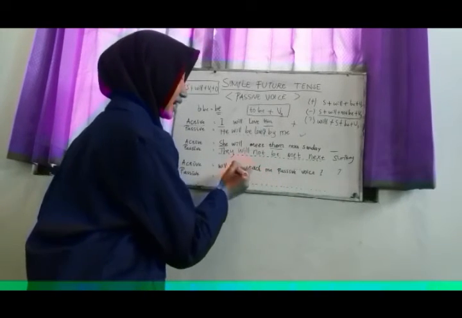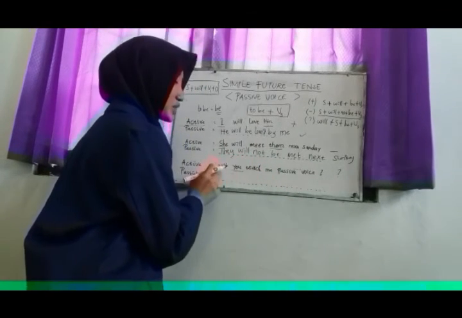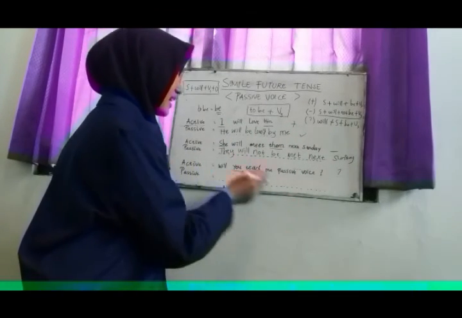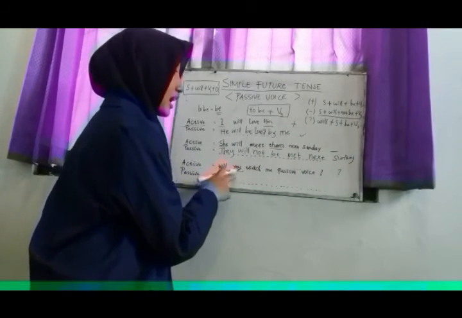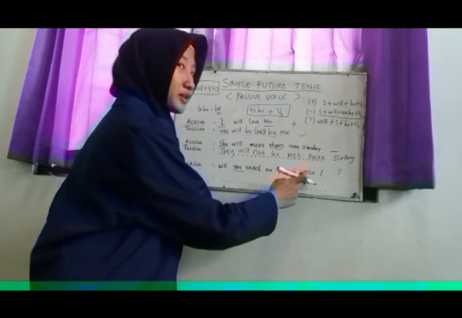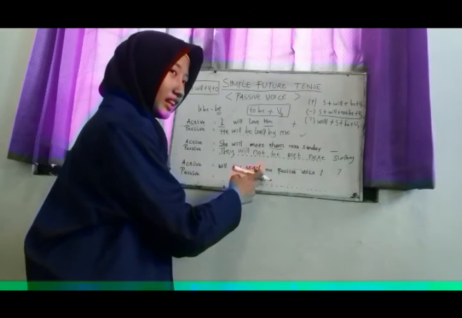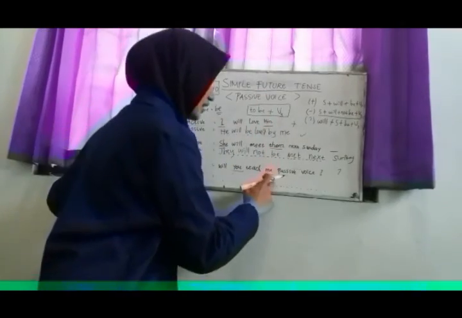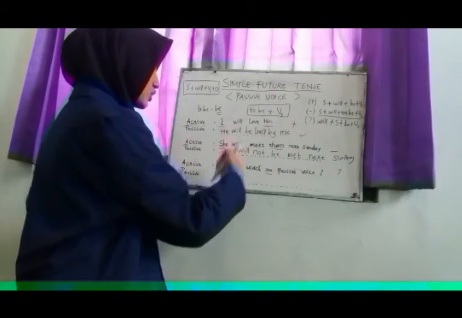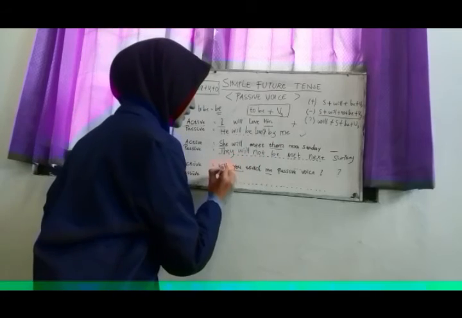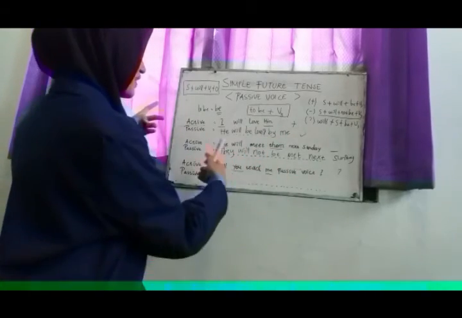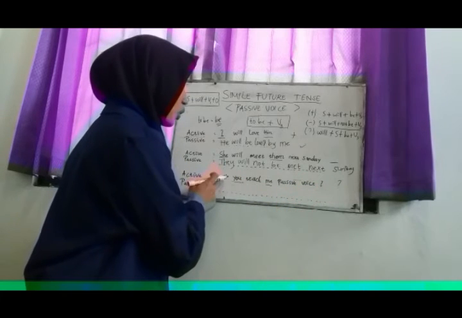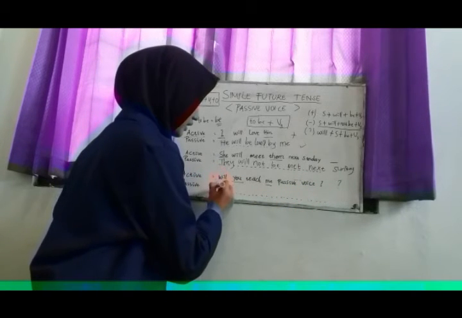Okay, the subject is you, because will is not the subject in this interrogative sentence. And where's the object? Passive voice or me? It should be me. This is the object. Me, then change into subject is, wait. Because this is the interrogative sentence, will just follows here.